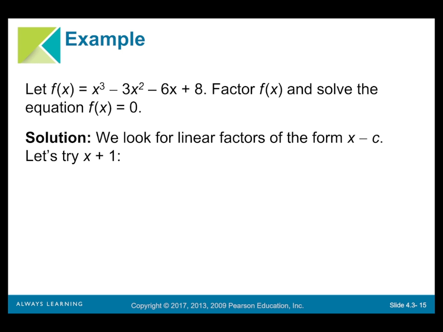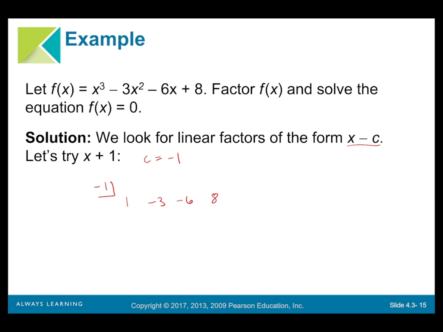If I'm looking at x plus 1, then to get it of the form x minus c, my c value here is negative 1. So let's do our synthetic division with negative 1. We write down our coefficients, 1, negative 3, negative 6, and 8.